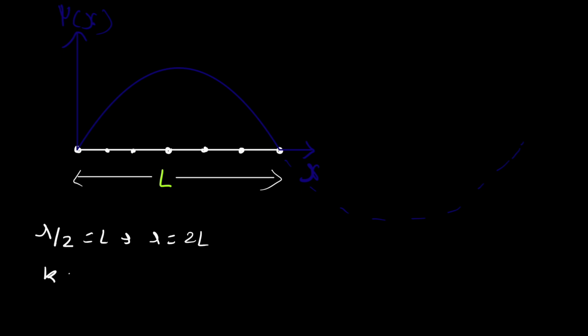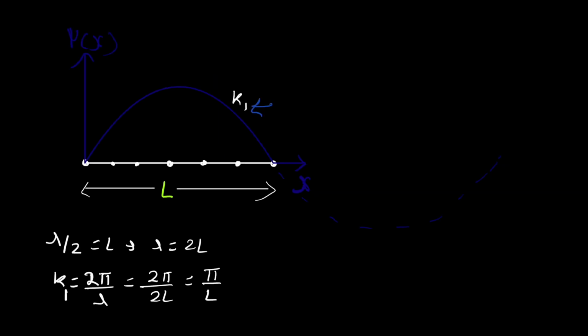And the wave frequency, which is also represented by the k wave vector, which has an amplitude of 2 pi by lambda, will now become 2 pi by 2L, which is pi by L. Let's call this K1. So this particular wave has a frequency of K1.